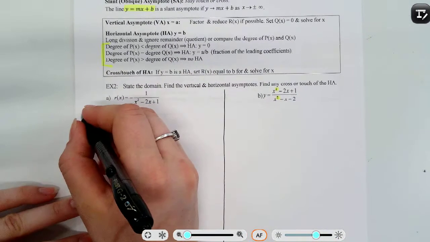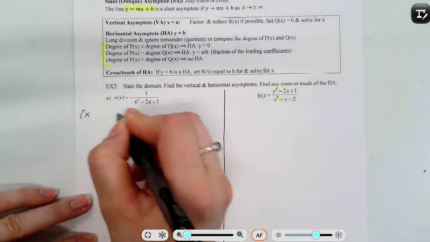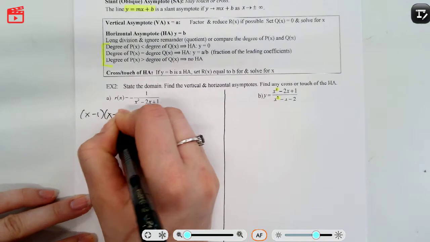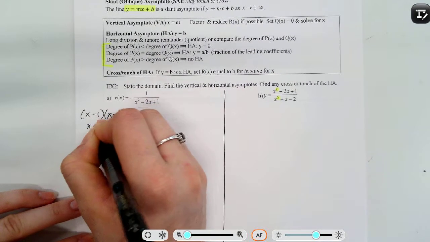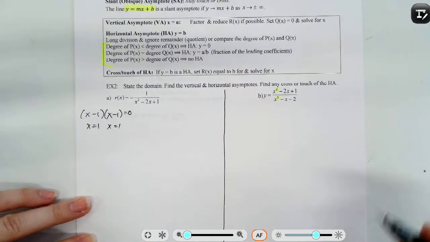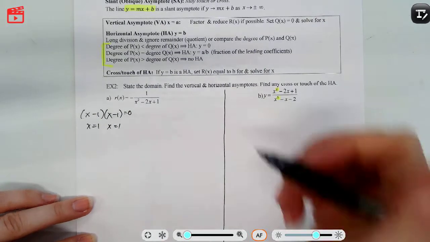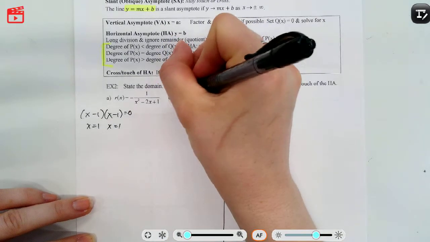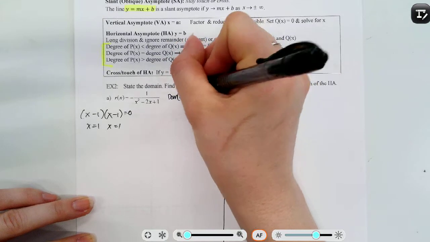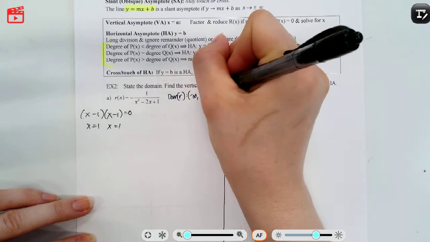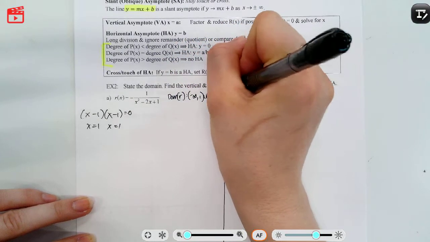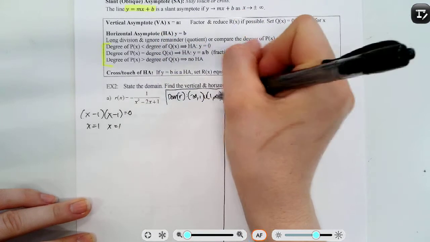Factoring this, that's going to be x minus 1 equal to 0, so x equal to 1. All right, so for my domain, every number works except for 1. So the domain of R is negative infinity to 1, union 1 to infinity. And there is my domain.